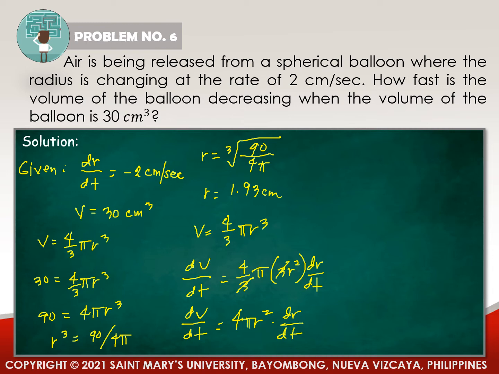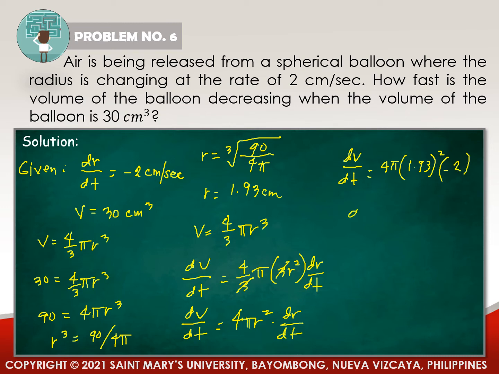Ayan, so magsasubstitution na lang tayo. We are talking of the volume, right? So dV over dt is equal to 4 pi, then r is 1.93 squared times dr over dt. Ang dr over dt is negative 2.